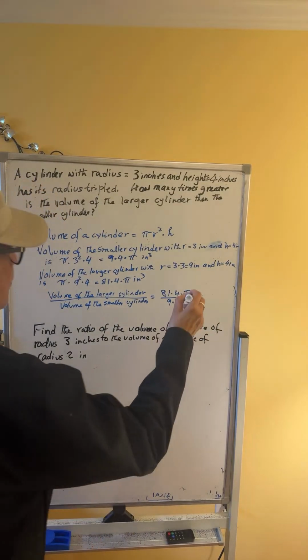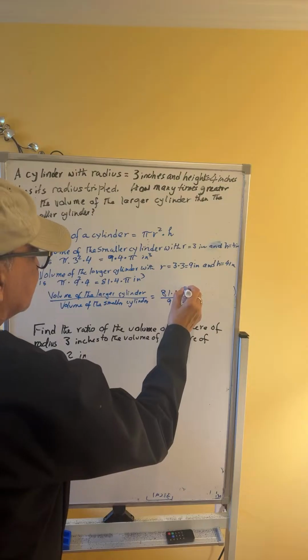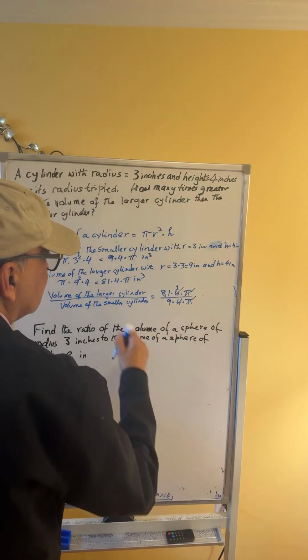From the numerator and denominator, pi cancels out, 4 and 4 cancel out.